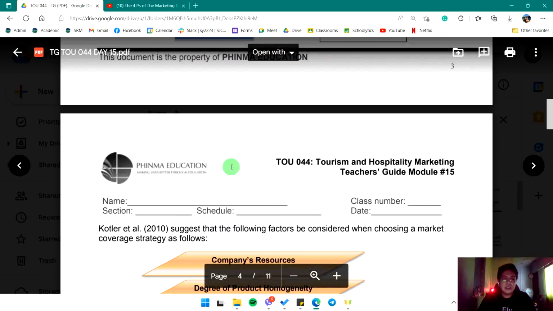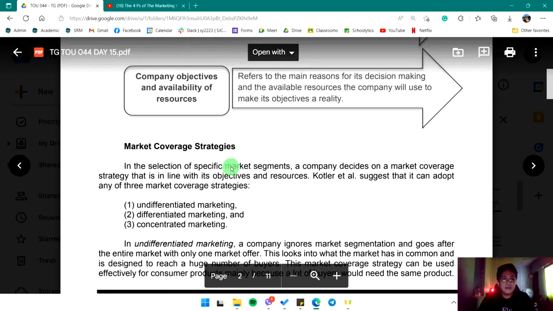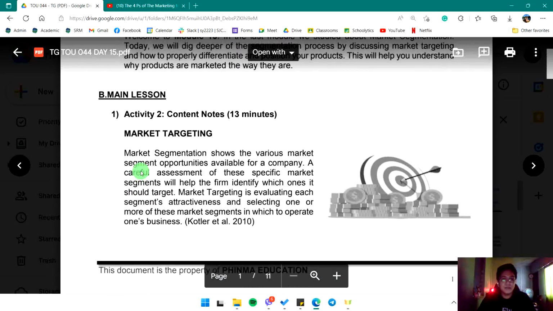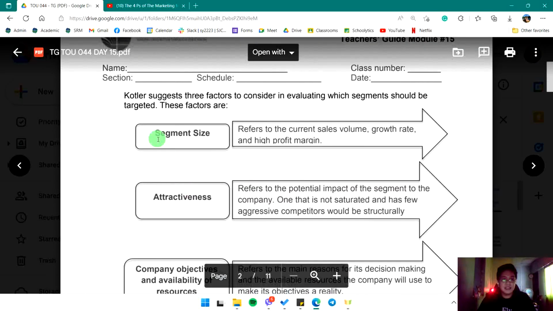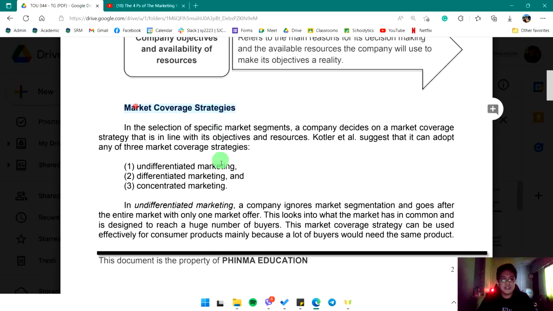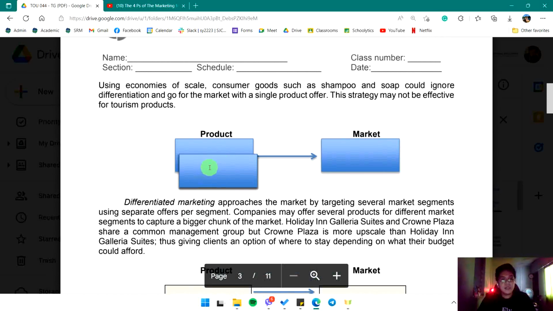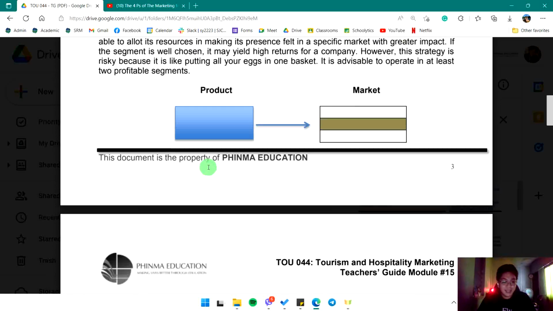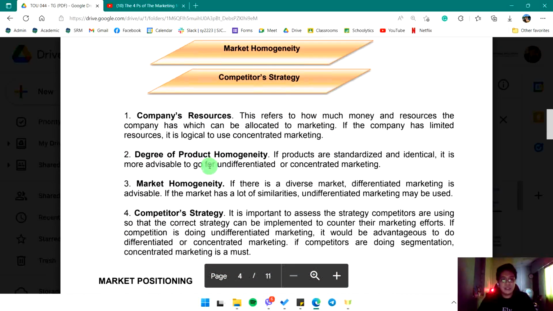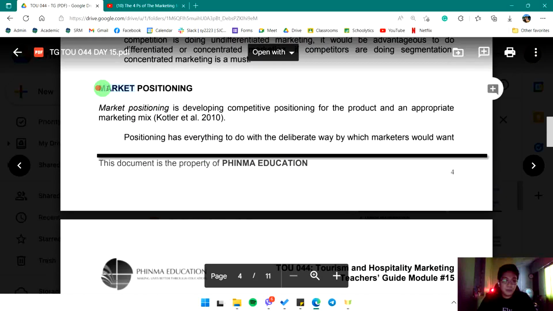I won't discuss differentiation, market targeting, and coverage strategies, kasi baka mamaya masyado nang maraming inaaral para sa inyo. So, dito na lang tayo sa mas relevant, yung market positioning natin.